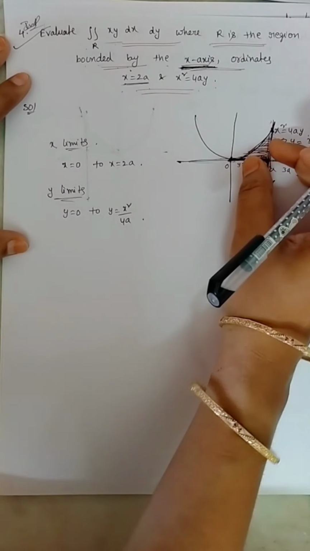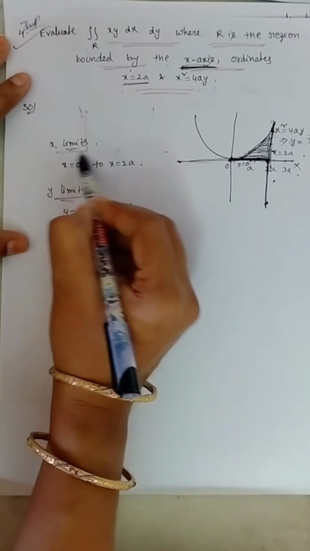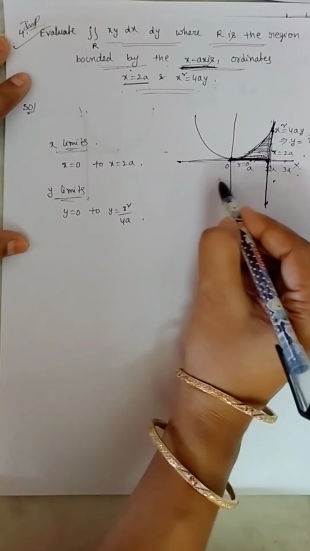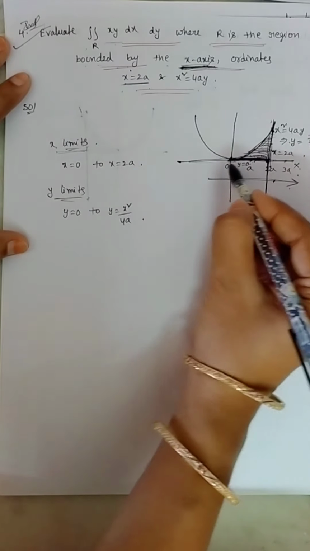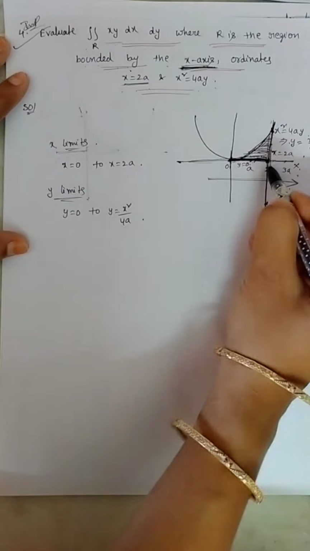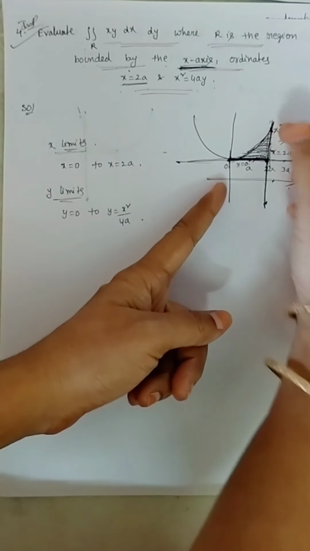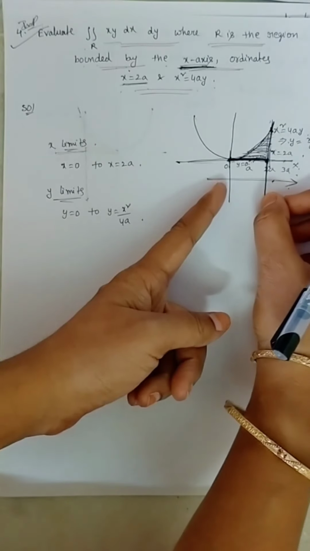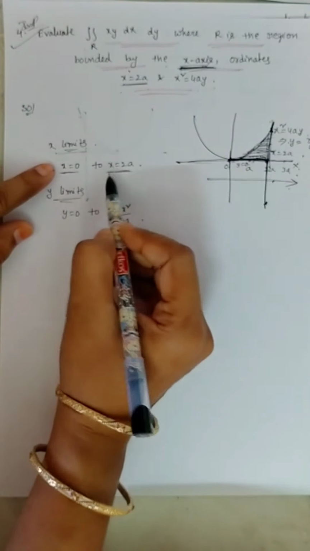Now from this region we have to find the limits. For the x limits, this region lies between x equals 0 and x equals 2a. So the x limits are x equals 0 and x equals 2a.